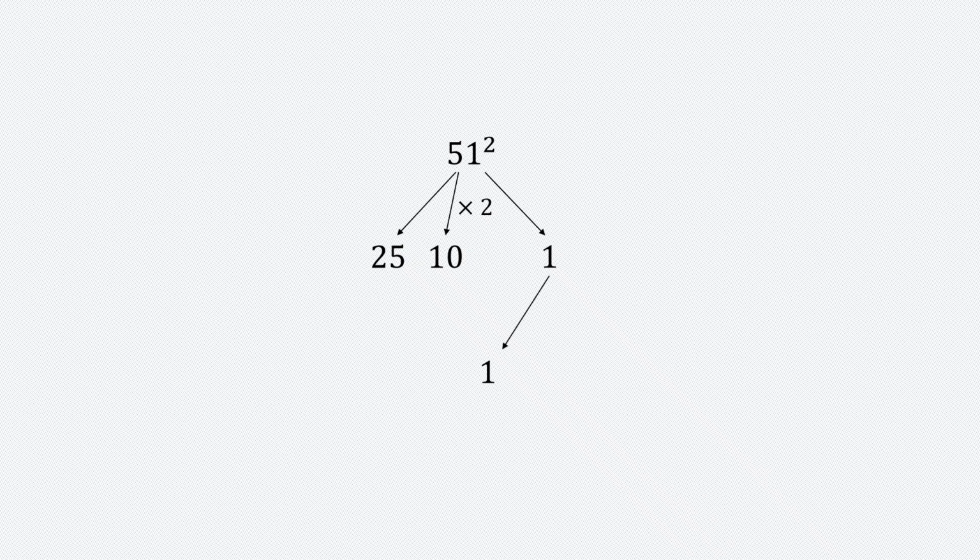For the middle digit, we cannot put a 2-digit number in one position, so we just take the 0 and place it there. Now we carry the 1 to the other side, and it becomes 26. So it starts with 26, 01. So 51 squared is 2601. That's how you find 51 squared.